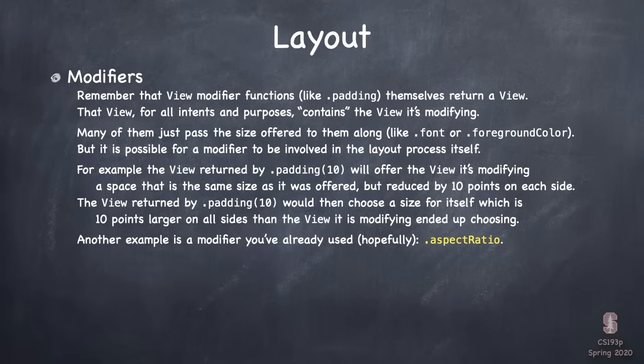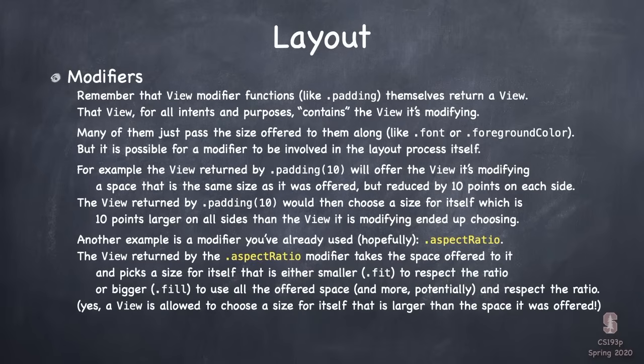What's another example of this? You've already used it in your homework. .aspectRatio. The view that's returned by the .aspectRatio modifier, it takes the space offered to it and it picks a size for itself that's either smaller than that offered size and has the aspect ratio. That's if we choose the .fit option of aspect ratio. Or it could be bigger than the size that's offered to it. That's the .fill option that uses all the offered space.